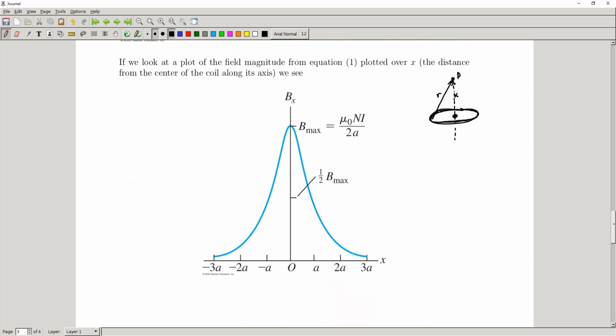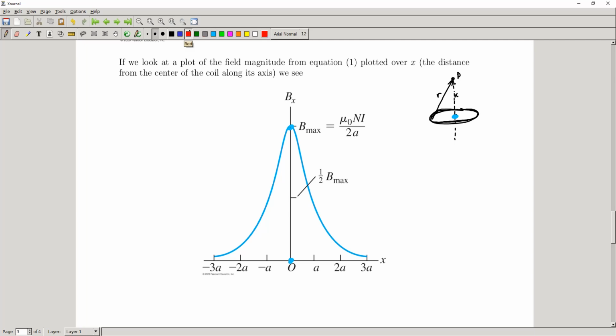If we plot that out, if we let x vary along this axis here, and in this direction we're looking at magnetic field strength, we see that we get the strongest magnetic field where x is equal to 0. So we get the strongest magnetic field, maybe I'll do this in a different color, like blue, we get the strongest magnetic field here, right? That point corresponds to this point here, which gives us the strongest magnetic field.